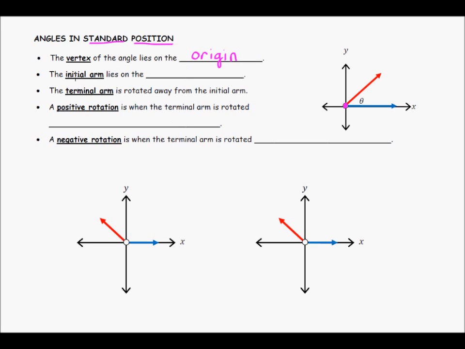Okay. The initial arm in this picture is the blue arrow here. That initial arm of the angle, meaning the starting point of the angle, lies on the positive x-axis.